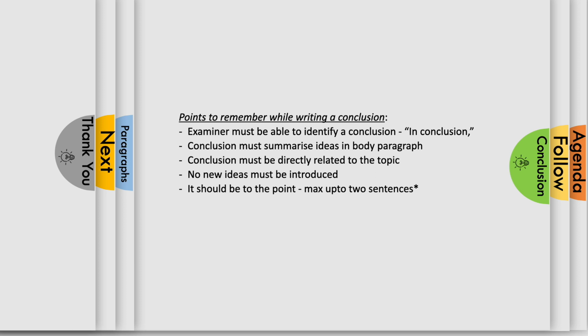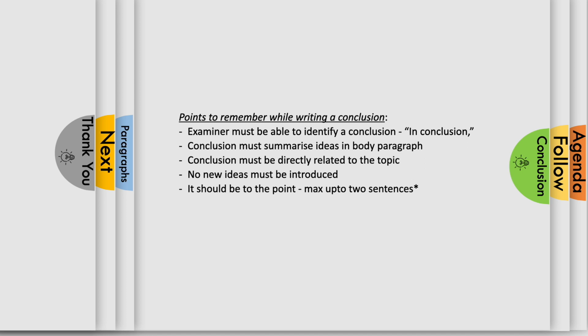Now the third and fourth points are, conclusion must be directly related to the topic and no new ideas must be introduced. So how can you do that, or what are the benefits of doing that? It will stop you from going out of topic and help you to focus on what you need to write in the conclusion. Okay, many times students get an instant thought of a new point and they make a mistake by including that in their conclusion.